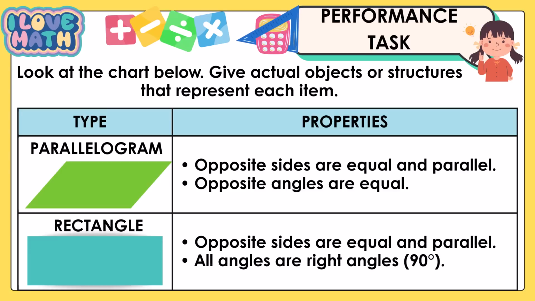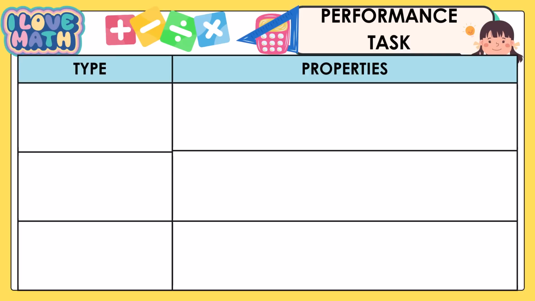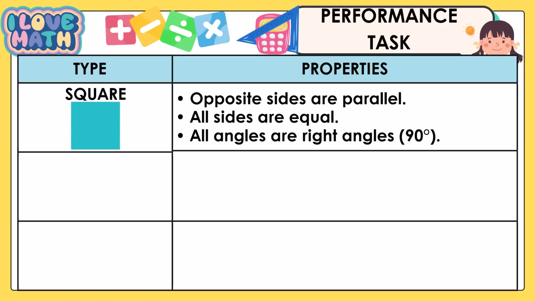Rectangle. Opposite sides are equal and parallel. All angles are right angles with 90 degrees. Square. Opposite sides are parallel. All sides are equal. All angles are right angles with 90 degrees.